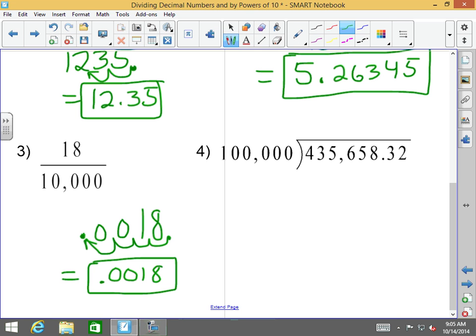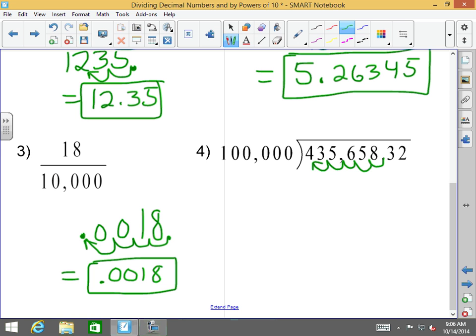Okay. Number 4. I'm dividing by 100,000. How many places to the left am I going to move my decimal inside of the dividend? 5 to the left. So I'm going to go 1, 2, 3, 4, 5.